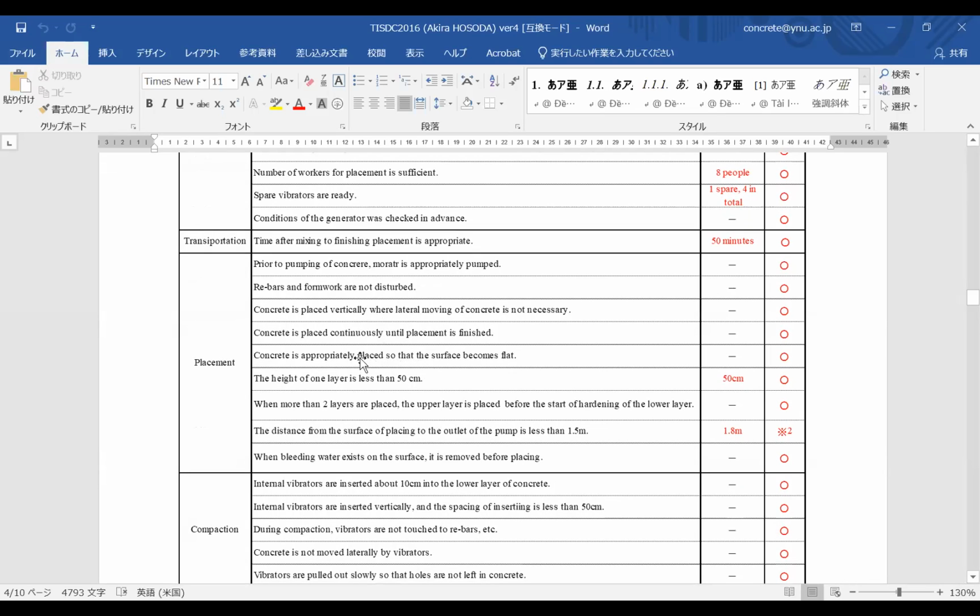For example, here, in the placement stage, concrete should be appropriately placed so that the surface becomes flat. Again, concrete should be appropriately placed so that the surface becomes flat. Is concrete placed horizontally? If this fundamental matter is followed in the site, what will happen?